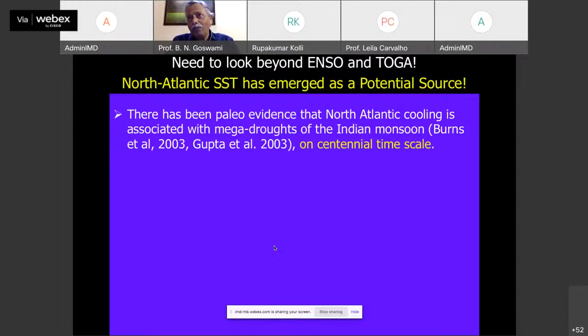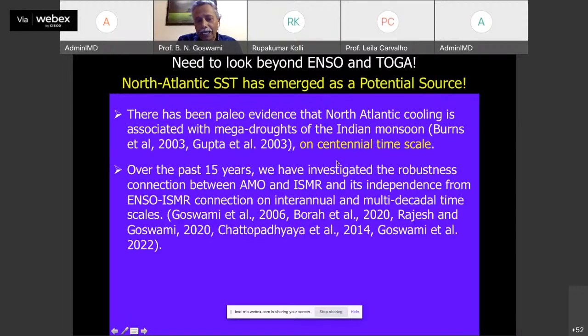We have to look beyond tropical SST; maybe even extratropical SST could influence monsoon, but we have not paid enough attention to this. There have been indications that North Atlantic temperatures influence the monsoon on centennial and longer time scales, because mega droughts of Indian monsoon have been associated with cooling in the North Atlantic.